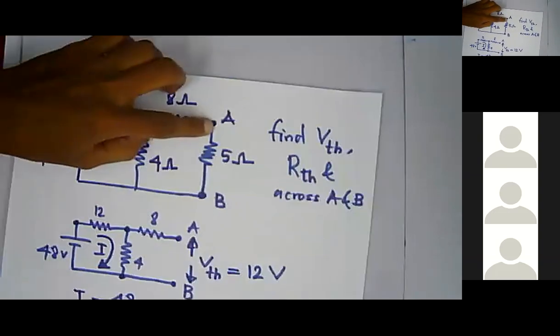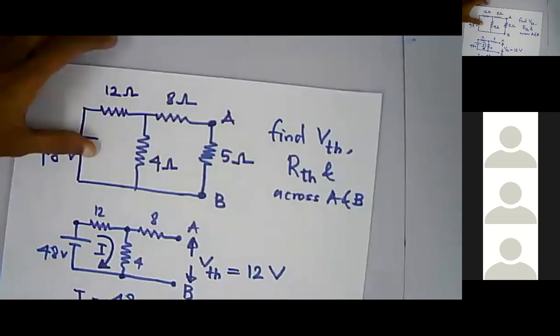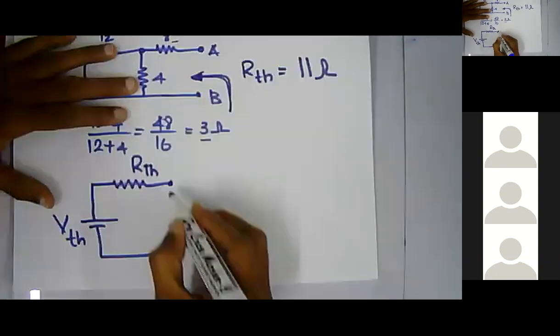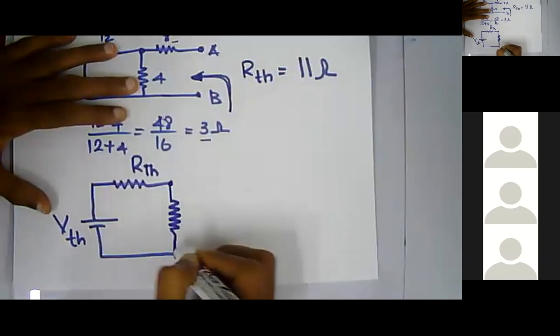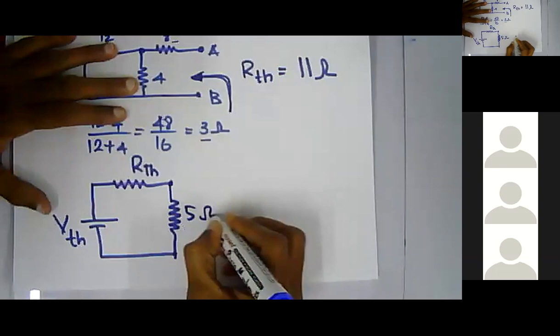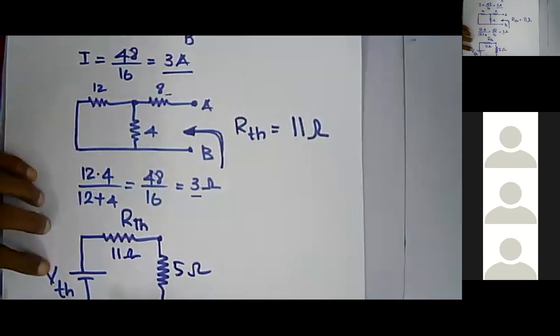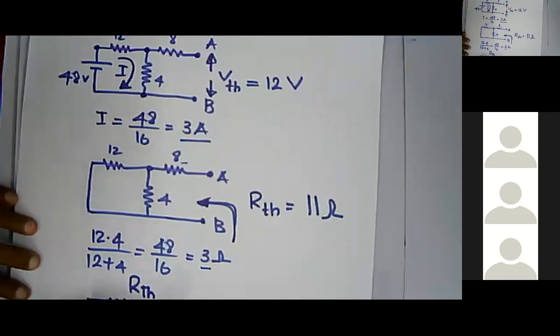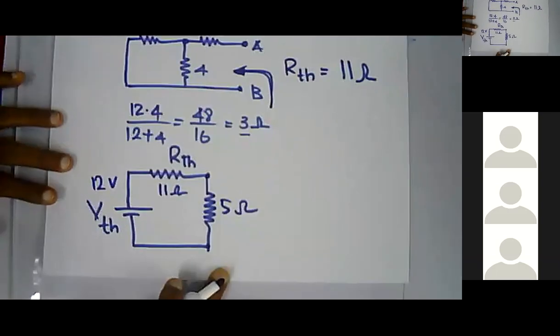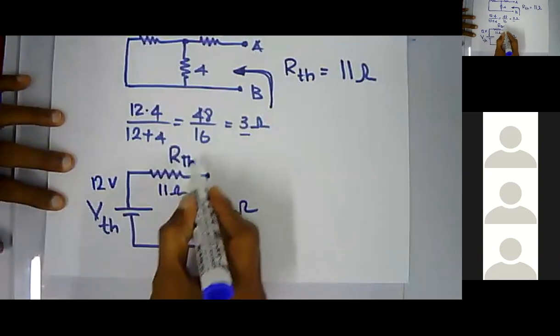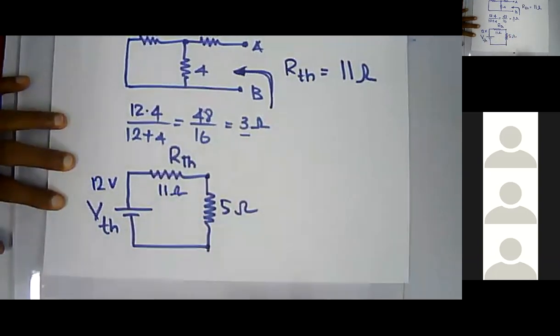Now, if you want to calculate the current through the 5 ohm resistor, connect that 5 ohm resistor here, and you know RTH is actually the 11 ohm resistor, and VTH is 12 voltage. Your VTH is 12 voltage, RTH is 11, this is 5.